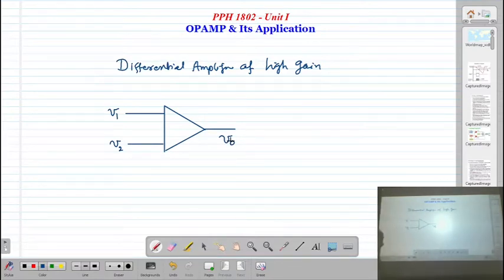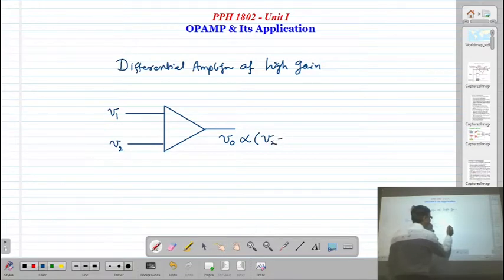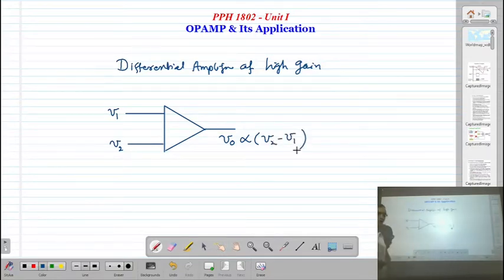Now remember, it is a differential amplifier, therefore the amplifier is not amplifying V1, it is also not amplifying V2, but it will amplify the difference between these two voltages, and that's why the output is proportional to V2 minus V1. Whatever the difference between these two terminals, we call it VD, and it is V2 minus V1. So basically it is amplifying the difference between the two input voltages.